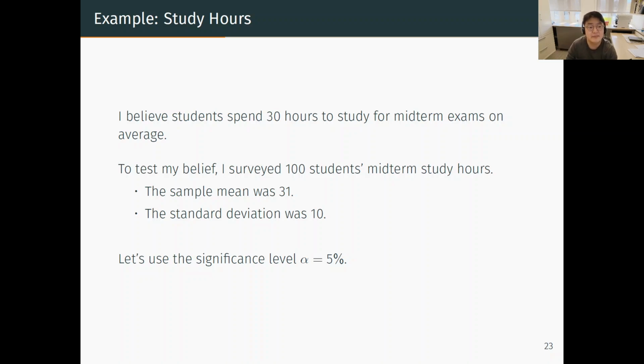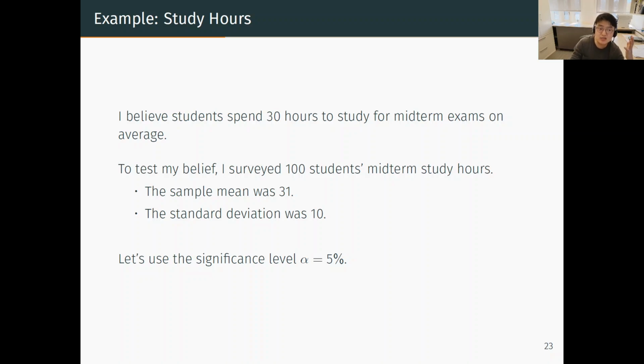So I surveyed to test my belief. I surveyed 100 random students and asked their midterm study hours: How many hours did you study for the last midterm exams? Of course, it's an imaginary survey. I didn't do that actually.